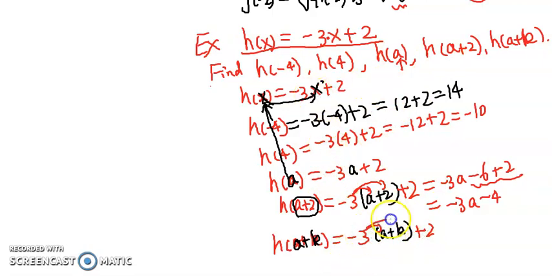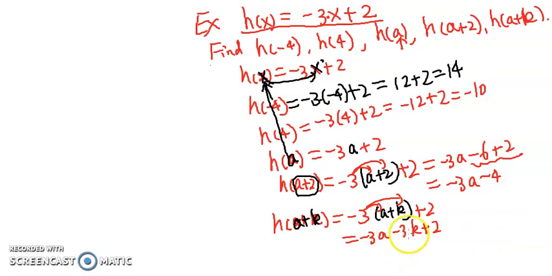Let's distribute. So we're going to get negative 3a minus 3k plus 2. Now there are no like terms to combine because a and k and 2, none of these are like terms. So you will just have to leave the answer as it is. So if you are given some variables or different variables or letters, you would just have to replace that x with the new letter or variable.